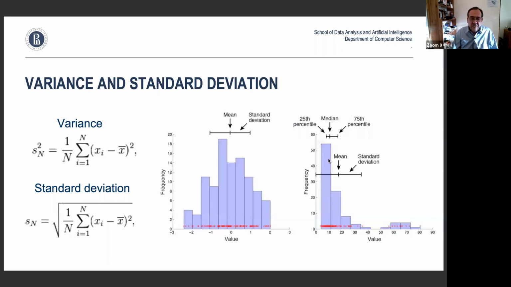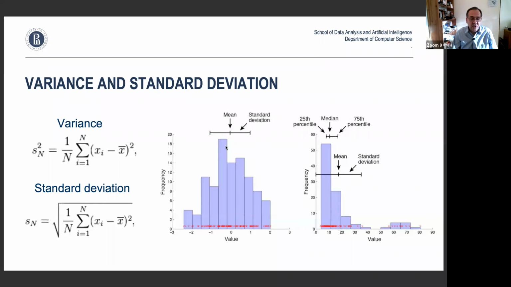On the other hand, if your distribution is like what we see here on the right, this is what's called a power law distribution, and in that distribution, you have a lot of data points with small values, and much fewer with large values. And so here, first of all, you instantly see that mean and median are not the same anymore, right? And then standard deviation really doesn't tell you a lot.